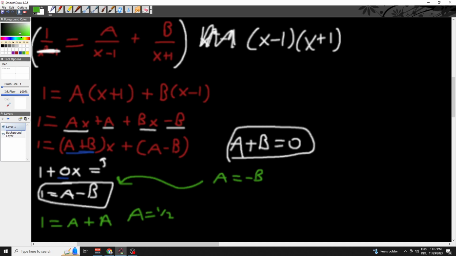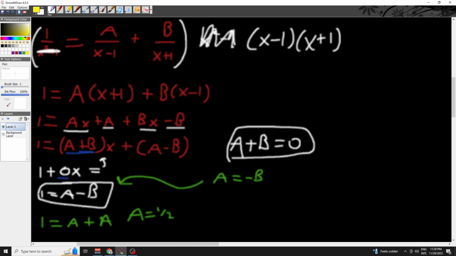And then you can do this for b as well. We can make b equal to negative a. Is that what I did? No, I actually just reversed it. So instead of plugging in a here, I plugged in negative b for a. Crank out the yellow finally.